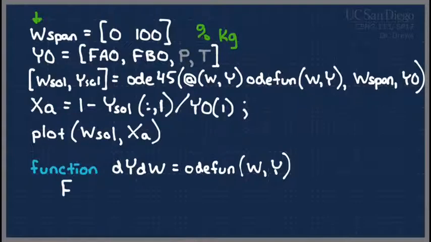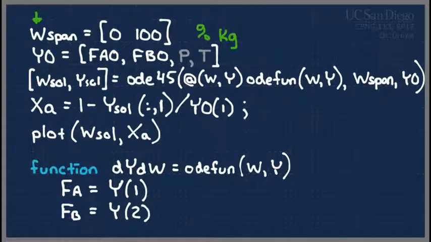So the flow of A, FA, is Y of 1. And the flow of B, if you need it, is Y of 2. And so these will immediately have the units of whatever flow you happen to have. So for example, molar flow rates are often moles per second, maybe kilomoles per hour, something like that. And now you've got those to work with directly.